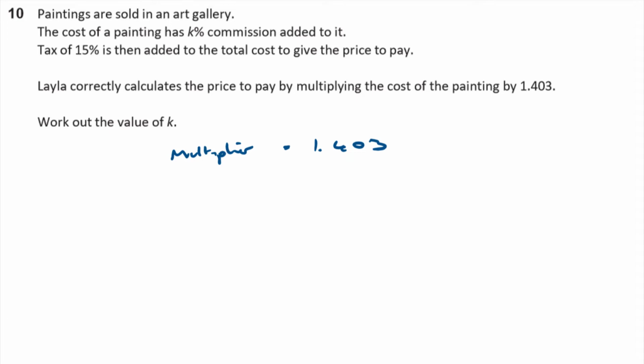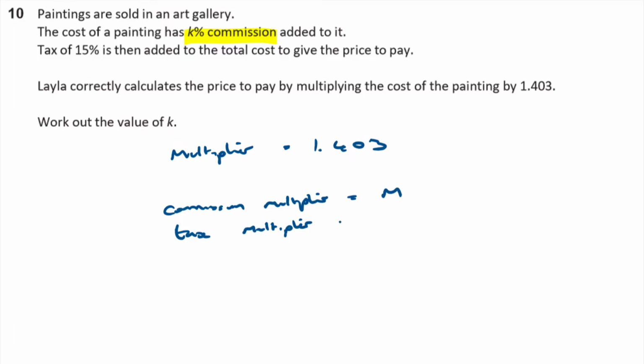Okay, because we don't know what this commission is first, let's call the first multiplier the commission multiplier. I'm just going to call that M because I don't know it at the moment. And then you've got the tax multiplier.